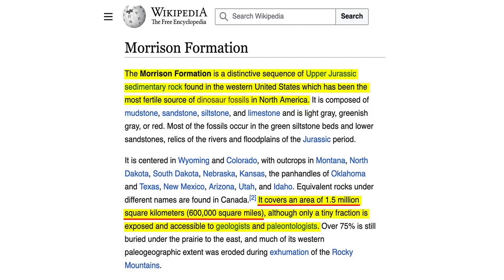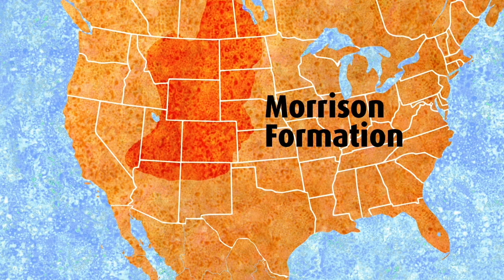So it covers that big area, but there are other sediments on top of it, so people can't get to it to dig up dinosaur bones. But that's huge.